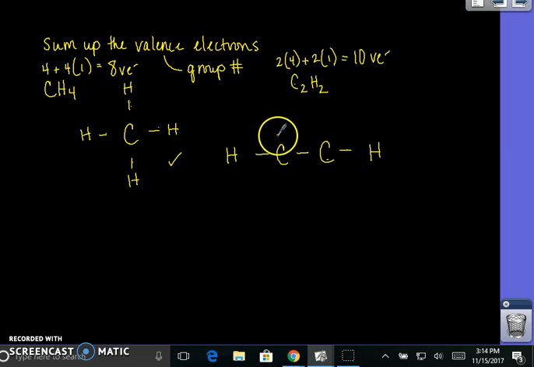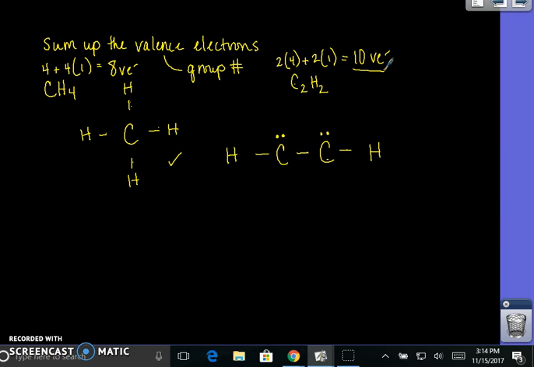So I'm going to use dots this time to separate it. And I look at the structure, and this is 2, 4, 6, 8, 10. And that's exactly what we needed. But now here's a catch.